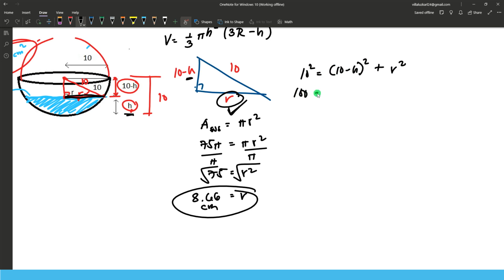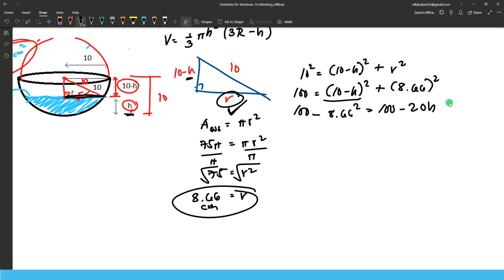So 10 squared, 100, equals (10 minus h) squared plus 8.66 squared. I will transpose 8.66 squared to the left side of the equation, and I will expand this one. We will have 100 minus 20h plus h squared.